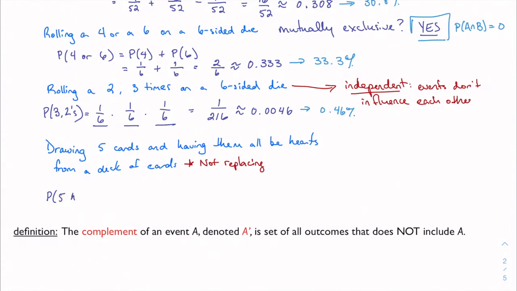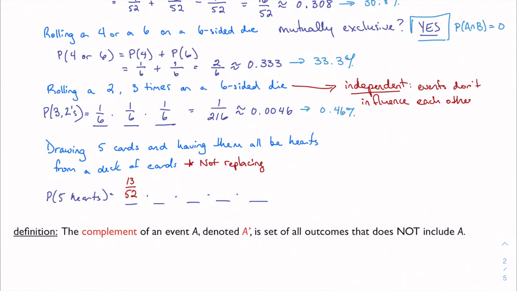So the probability of getting 5 hearts, I like to set up my blanks. I just think it's easier to stay organized that way. I want my probability of getting a heart the first time. There are 13 hearts in the deck. There are 52 cards total. Assume I draw a heart. I'll take it and put it off on the side.